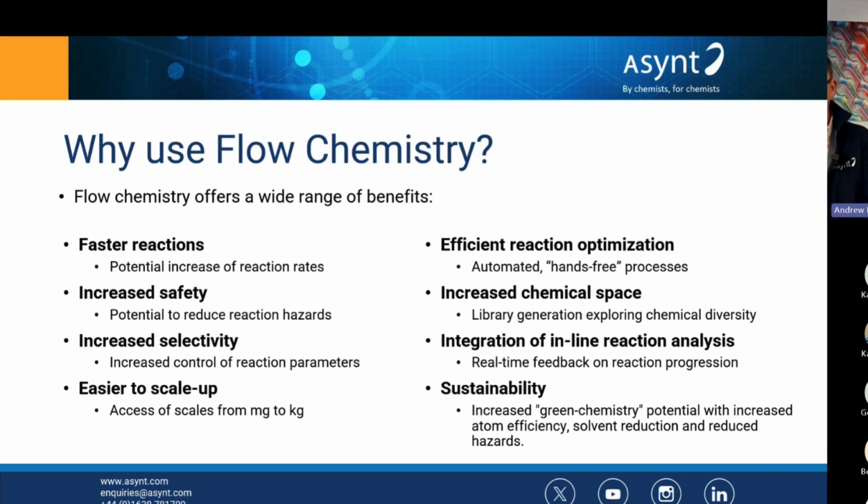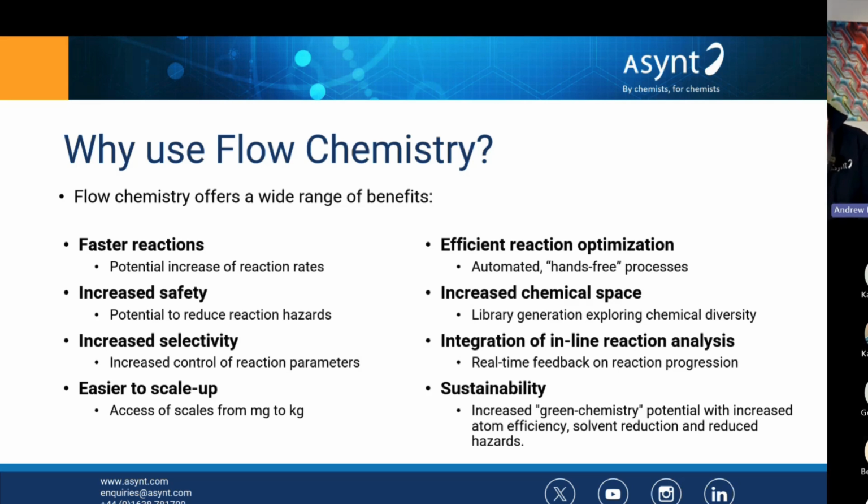So we can potentially decrease the reaction time of our reactions. We can have faster reactions. We can increase safety, so we can potentially reduce the associated hazards with our chemistry, and we will touch on that. We're already talking about increasing selectivity, so we can control the outcome of our reaction with more precision.